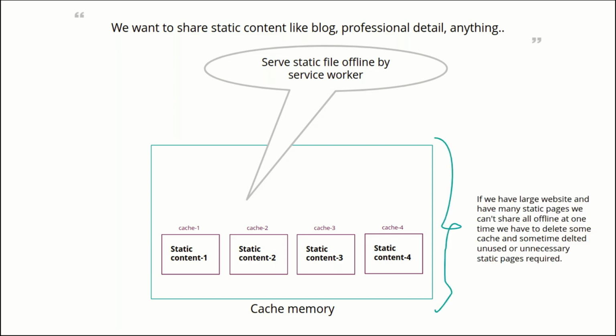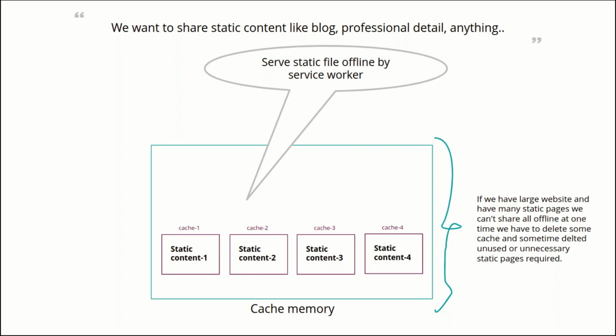And if we have a large website with many static pages, we can't share everything offline at one time, because as I told you earlier, the cache has a limit. Like RAM, you don't store unlimited data; likewise, cache memory also has a limit.